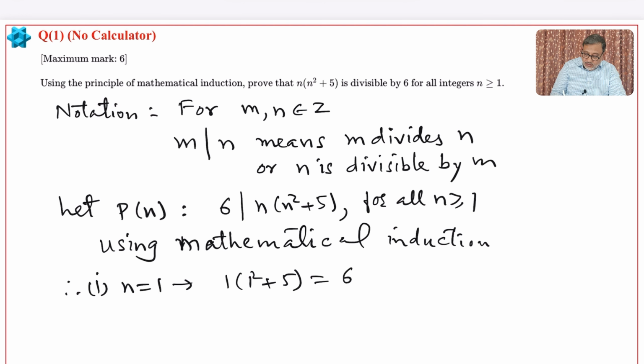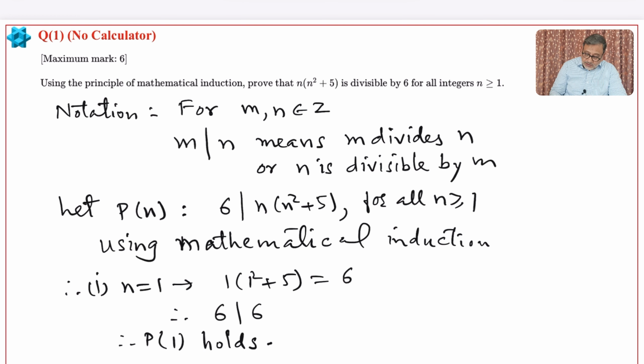And we know that 6 is divisible by 6, right? So P(1) holds, meaning it is true.